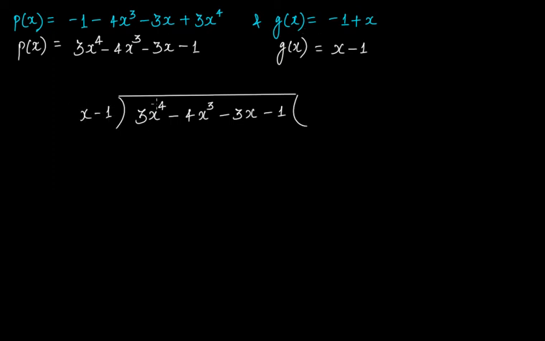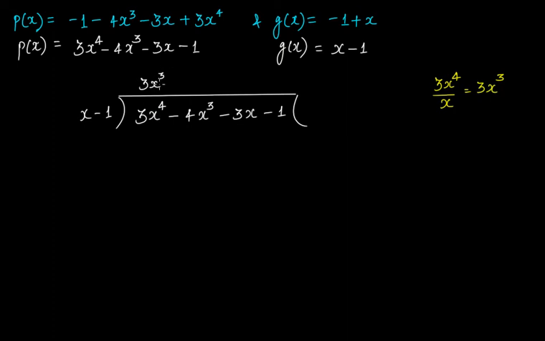Pay attention to the first term of this dividend, that is 3x raised to the power of 4, and the first term of this divisor, that is x. If you divide, you will get 3x cubed.